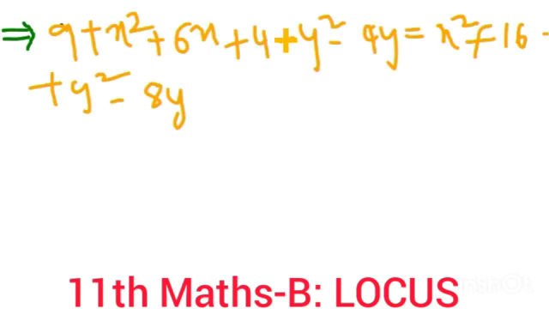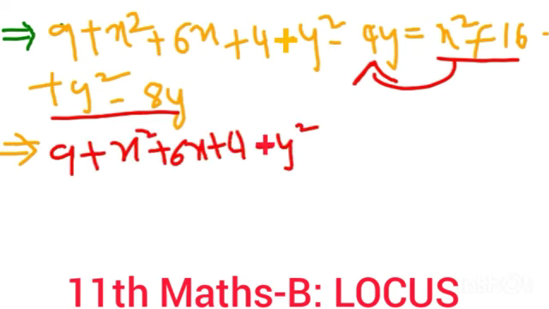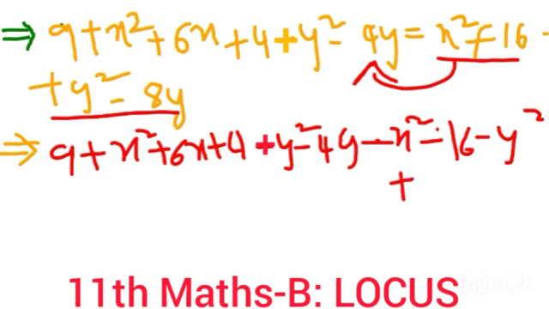Now let us send all terms to the LHS side: 9 plus x square plus 6x plus 4 plus y square minus 4y minus x square minus 16 minus y square plus 8y.